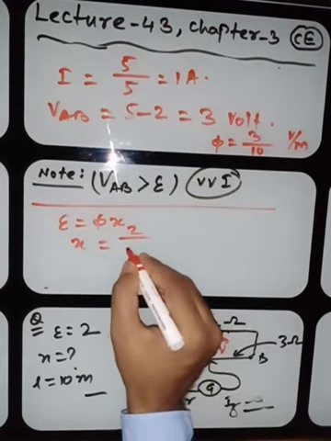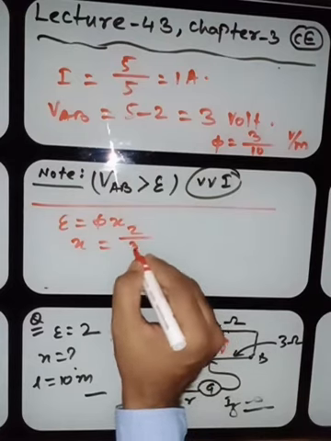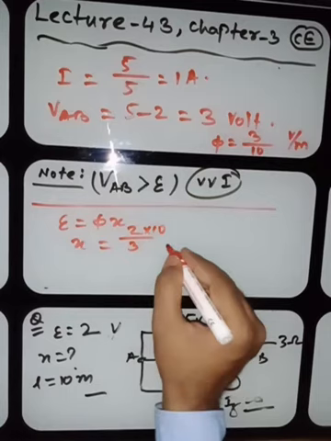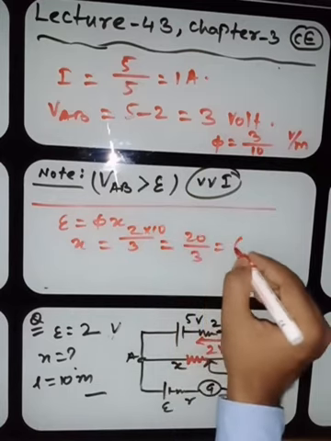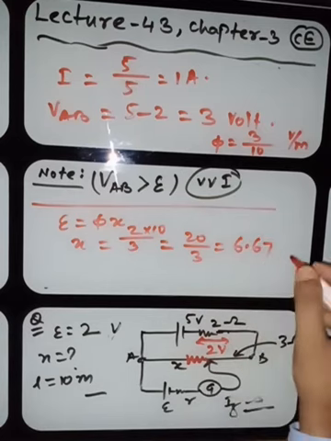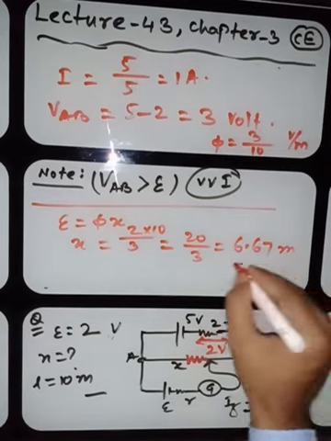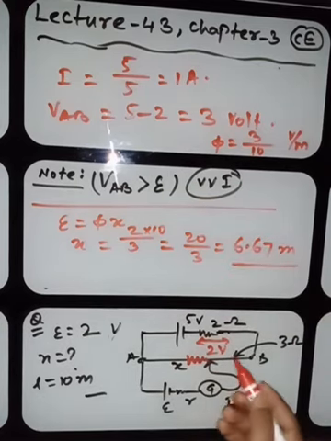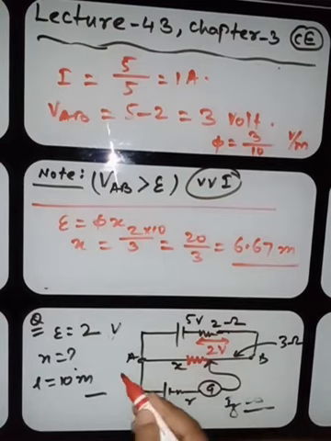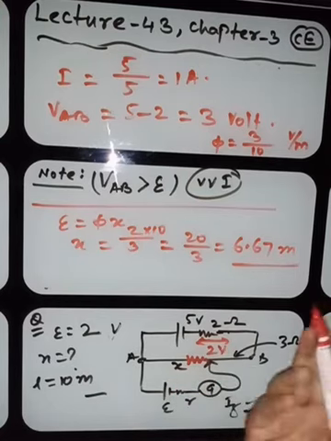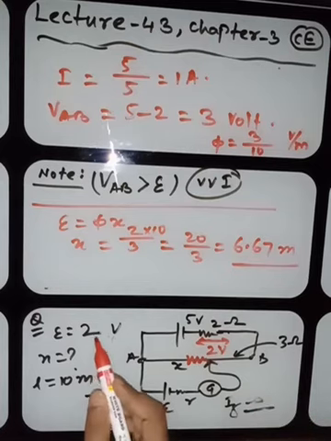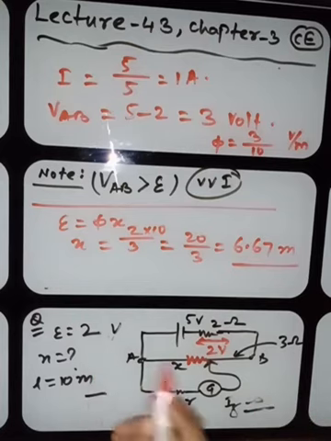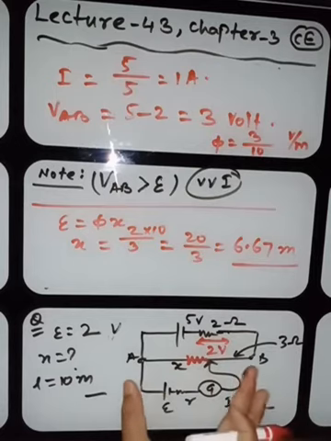So X is 20 by 3, that is 6.67 meter. Yes, on the 10 meter wire you can find 6.67 meter exactly, but using the earlier value 3, if you calculate, you will find the value of X more than 10 meter.